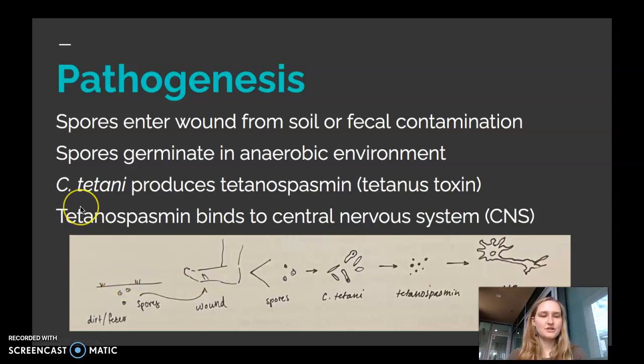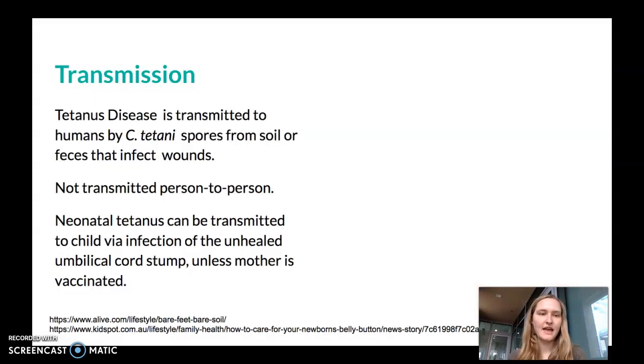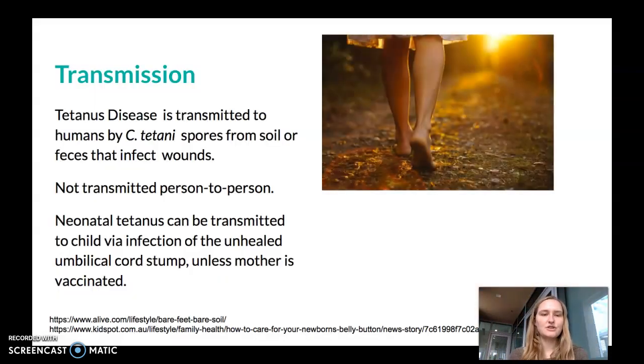Once the spores germinate, the Clostridium tetani is able to grow and produce tetanospasmin. The tetanospasmin then goes through the bloodstream and connects to the central nervous system, affecting the central nervous system. So it can be transmitted to humans by spores in the soil or in feces.